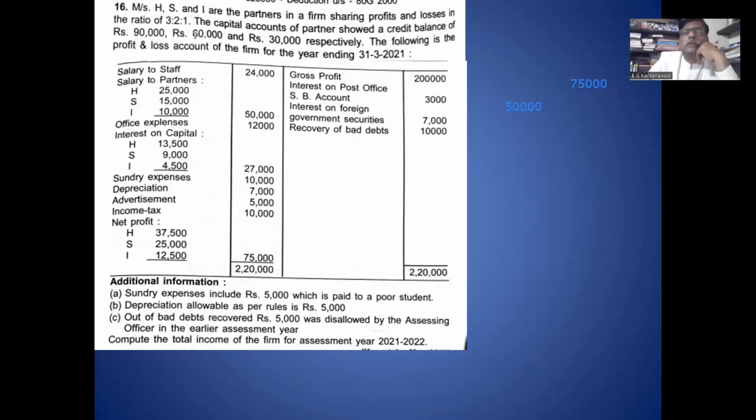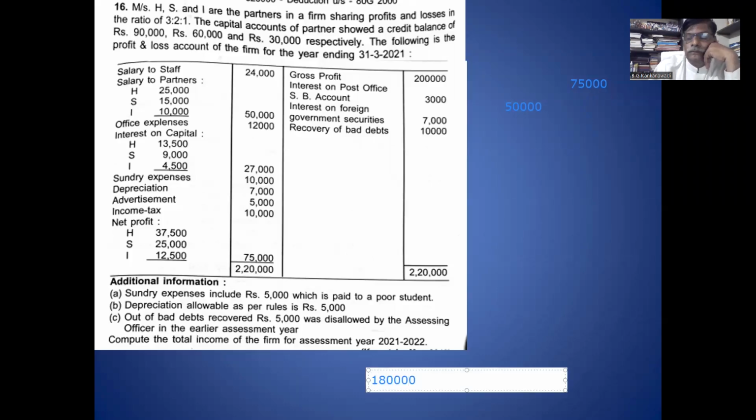Capital of the partners is 1,80,000. Total capital of the firm is 1,80,000. If you calculate interest on capital on 1,80,000 at 12%, your interest is, I think, 21,600.